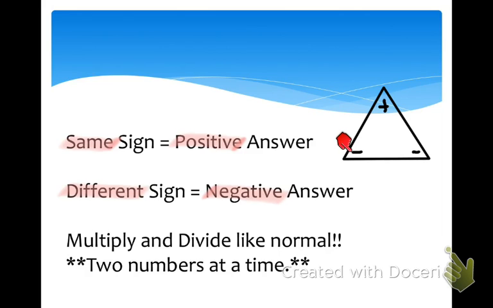A negative times a negative gives me a positive. But if I had, say, negative 4 times positive 3, that gives me 12, but is the answer positive or negative? Well, I use these two, so my other answer has to be negative, okay?